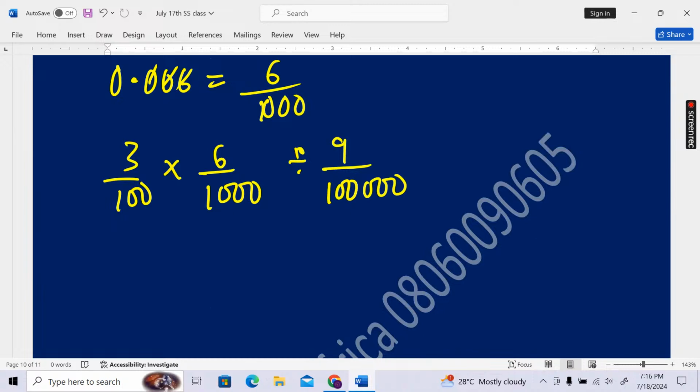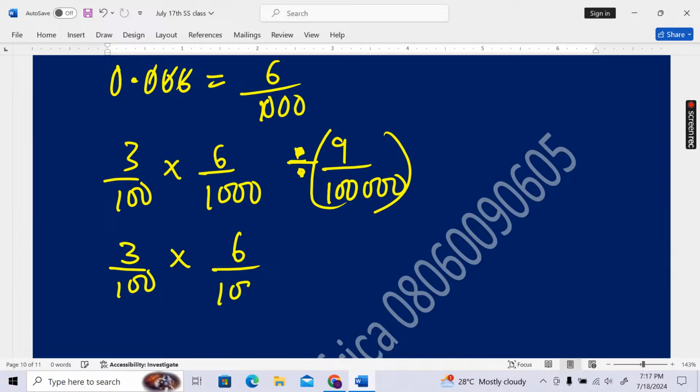And when you change the division sign to multiplication, you have to turn the fraction upside down. So that will be 3 over 100 times 6 over 1000 times, don't forget, the division sign becomes multiplication. Then you turn the fraction upside down. That will be 100,000 over 9.